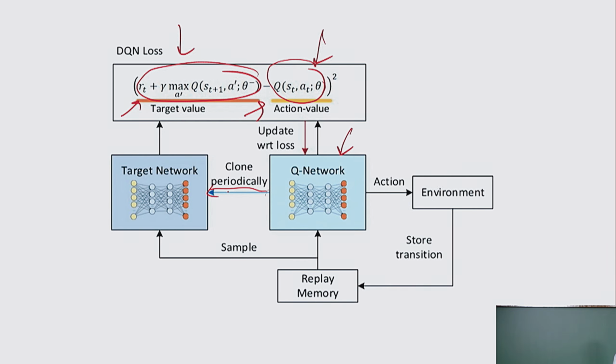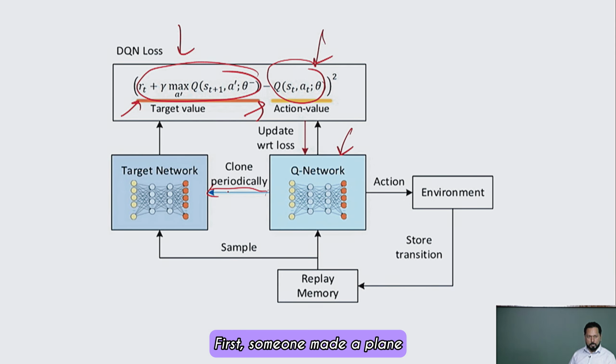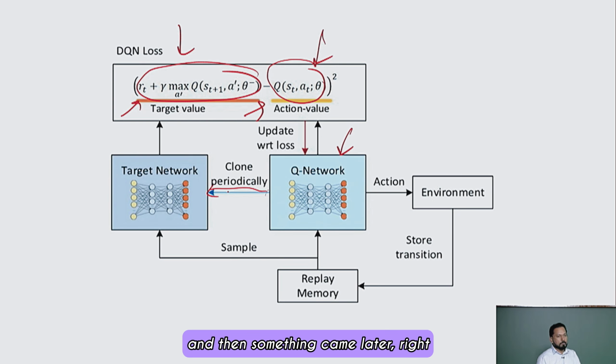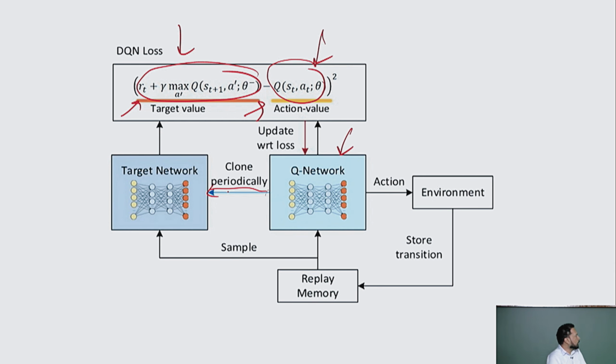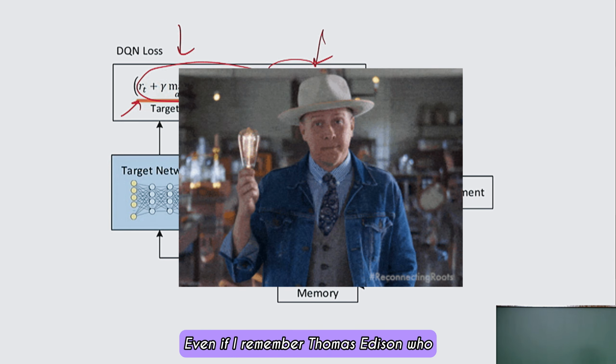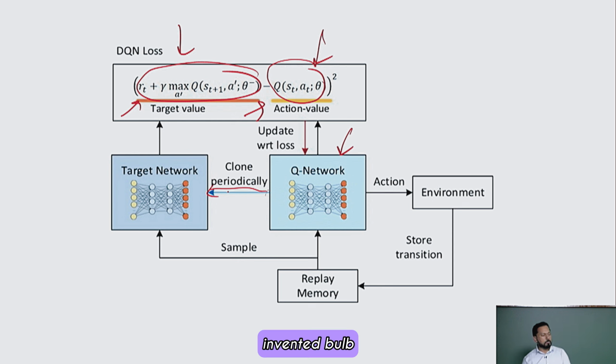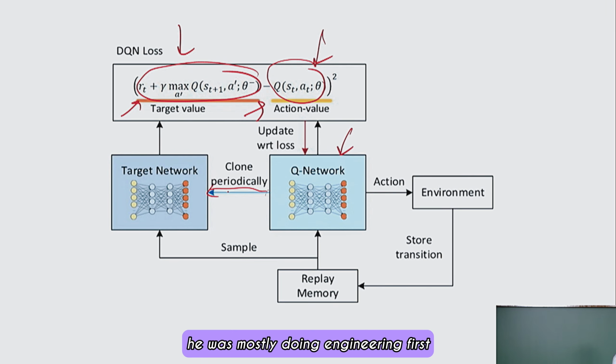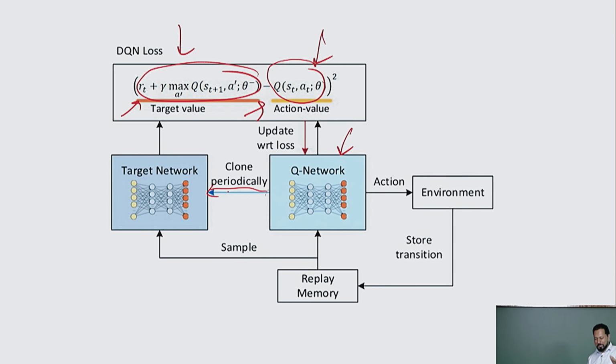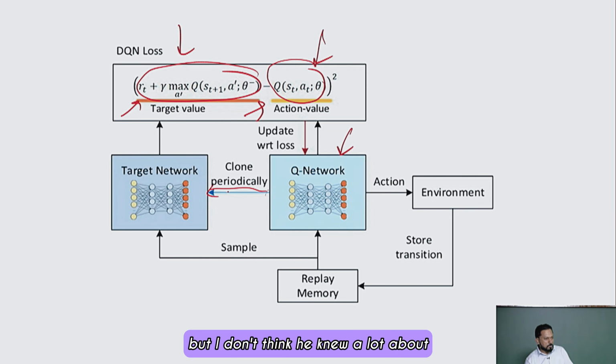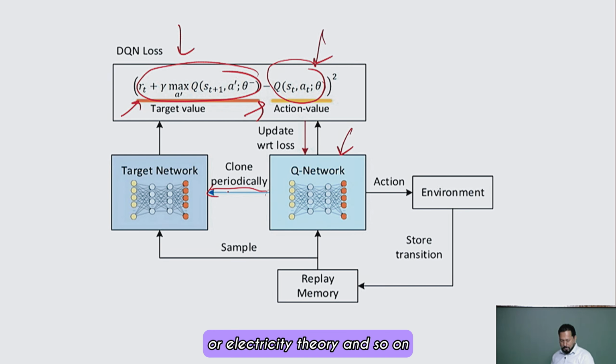There are fat books, but that came later. First, someone made a plane. Even Thomas Edison, who invented the bulb, was mostly doing engineering first. He created the bulb, but I don't think he knew a lot about thermodynamics or electricity theory and so on.